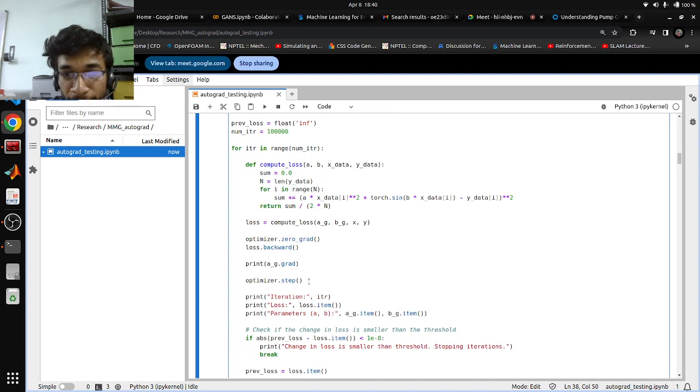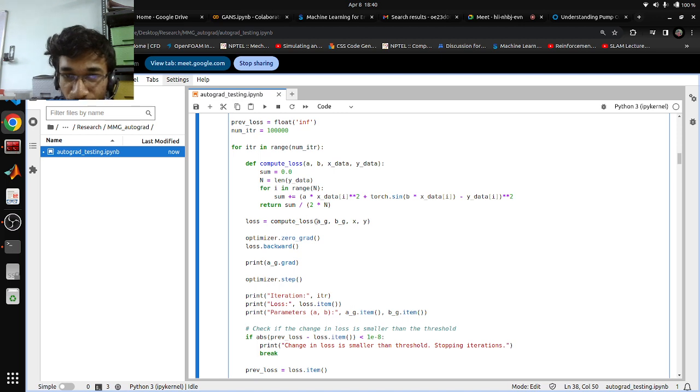When I do this step, what PyTorch does at the back end is update the gradient of this ag value. It keeps track that this ag variable has been used in calculating this loss function.